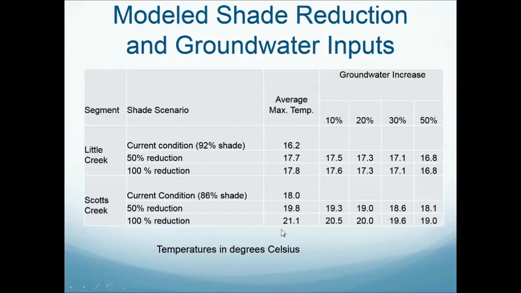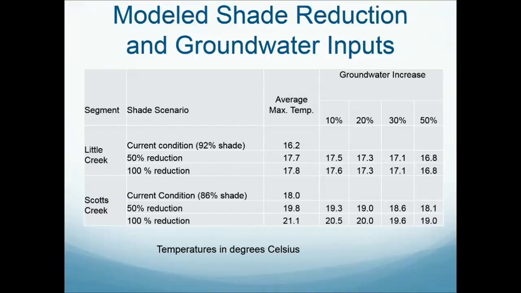So in the model, here's just a summary of some of our results. What we have here is average maximum temperature for the 5 days. So this was the current condition for both Scotts and Little Creek. And reducing the canopy on the first 200 to 300 meters on Little Creek gave you about 1.5 degree change. Not a big difference, interestingly, between 50 and 100% reduction. On Scotts Creek, almost a 2 degree change at 50%, 3 degree at 100%.